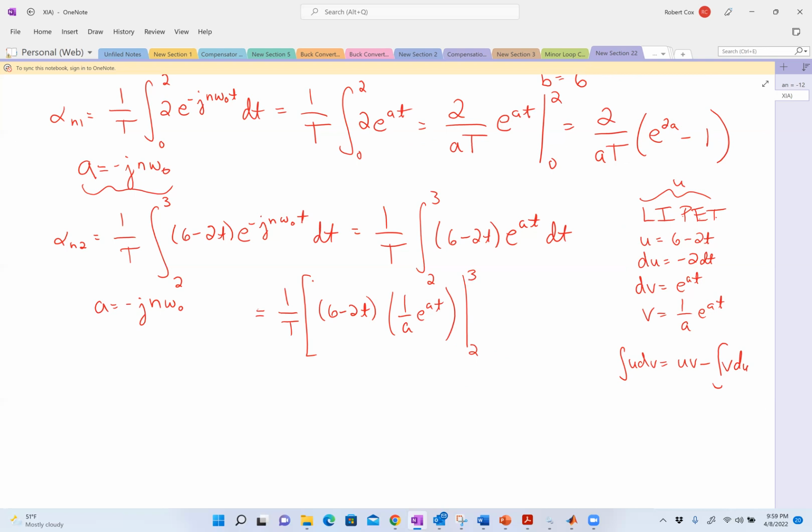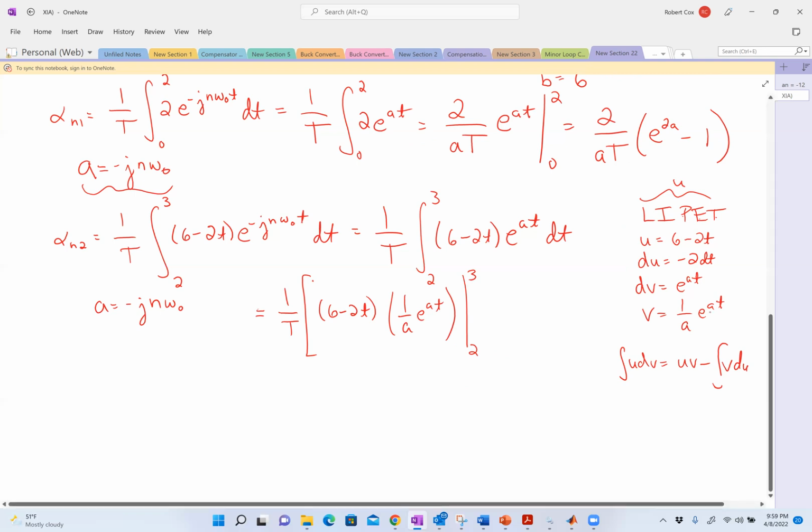So v is 1 over a e to the at. du is minus 2 dt, so this becomes plus 2 over a times the integral e to the at dt. That whole thing evaluated from 2 to 3.